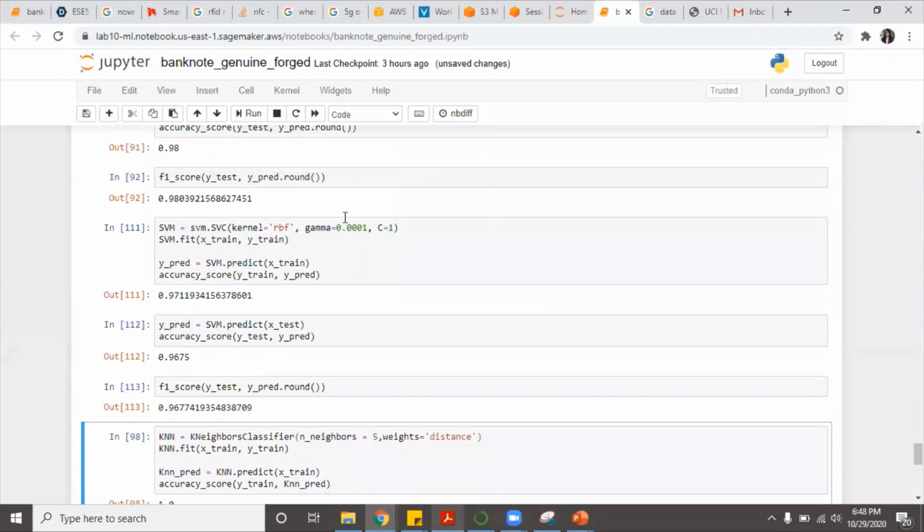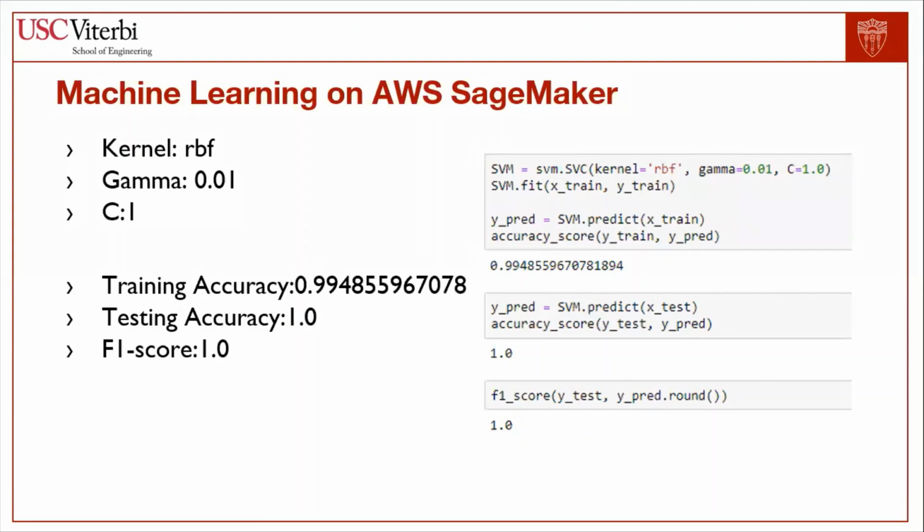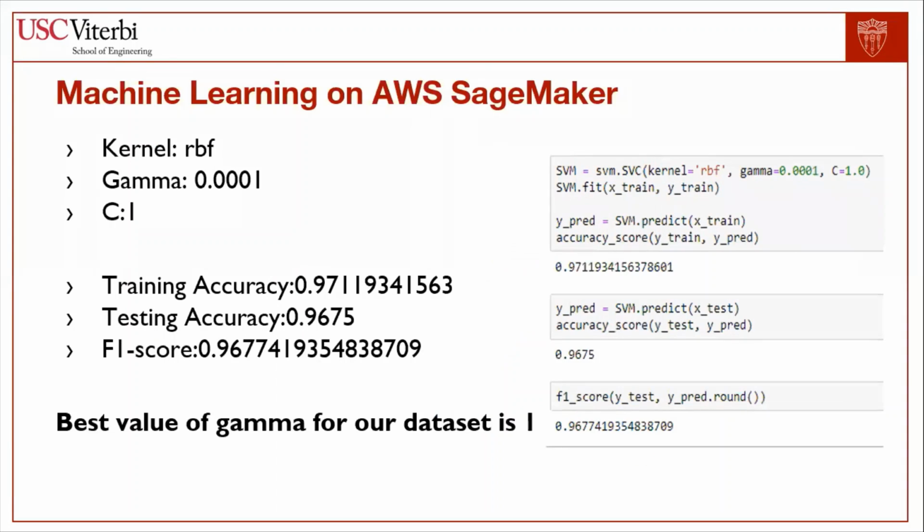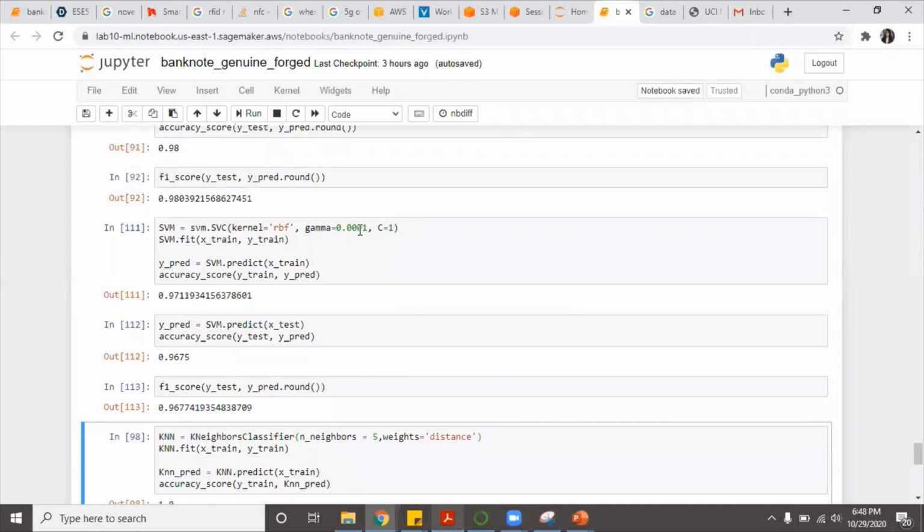This goes with what I said before: with the decreasing value of gamma, the accuracy and F1 score decrease, as we have seen in the description. So for our data set, the best value of gamma is 1. Let's keep it at 1.